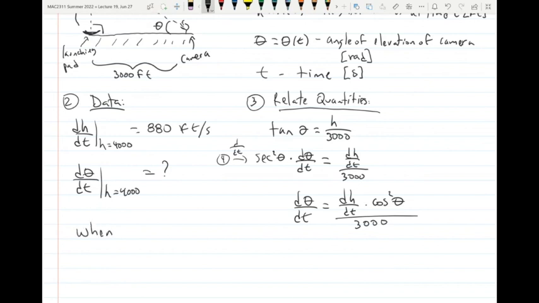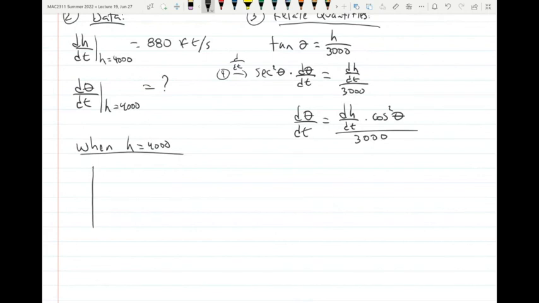So let me say, when h equals 4000, we now have this picture. Here is theta, here is 4000, and here is 3000. Yes, that's the actual picture that we have at this moment in time. So I want to figure out the hypotenuse. Who can tell me what's the hypotenuse?